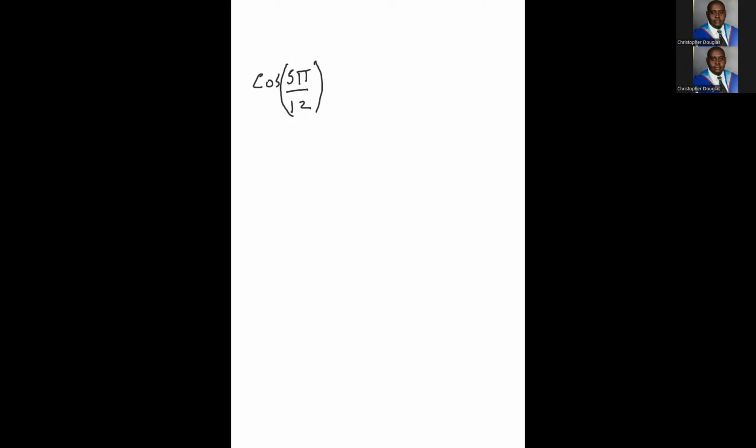If I'm converting from radians to degrees, I multiply by 180 over pi. So 5 pi over 12 multiplied by 180 over pi, the pi's cancel. And then 12 into 180, that's 15. 180 divided by 12, yes, that's 15.